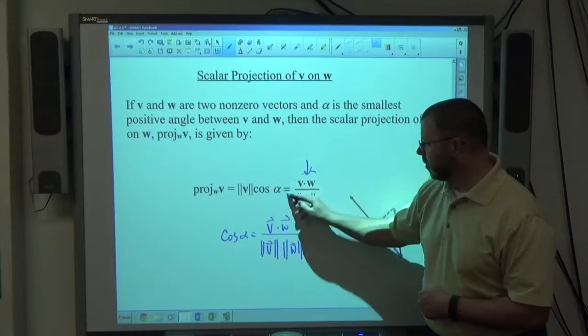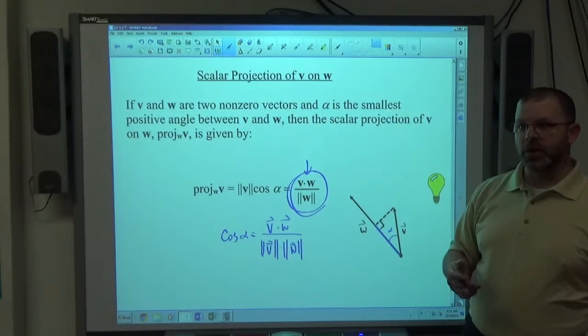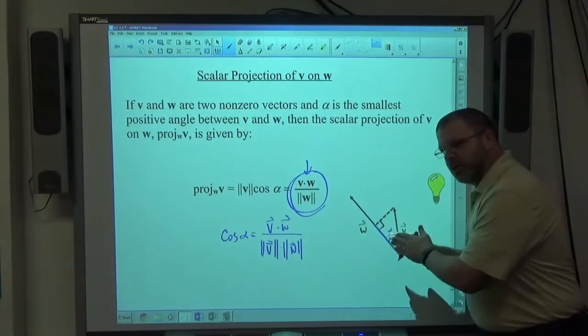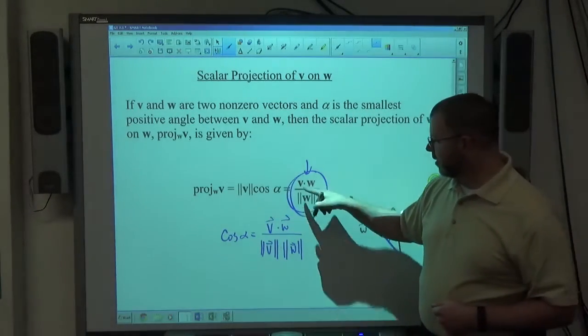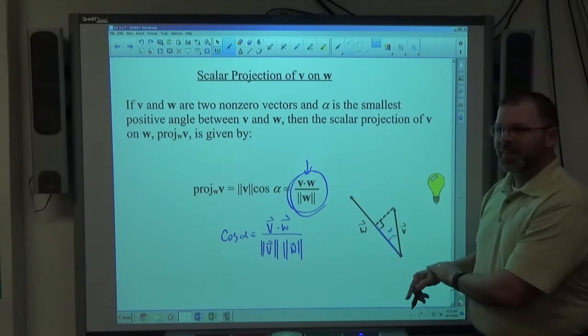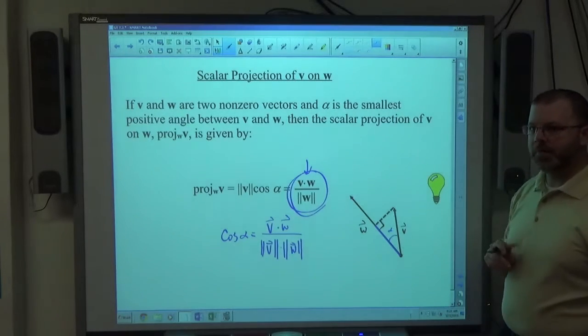So this right here would be the formula I'd go with if I'm trying to find a projection of one vector onto another. But again, the vector that we're projecting onto is W, and the magnitude of W is on the bottom. All right?